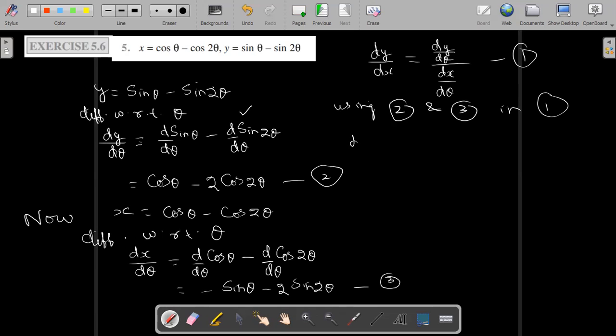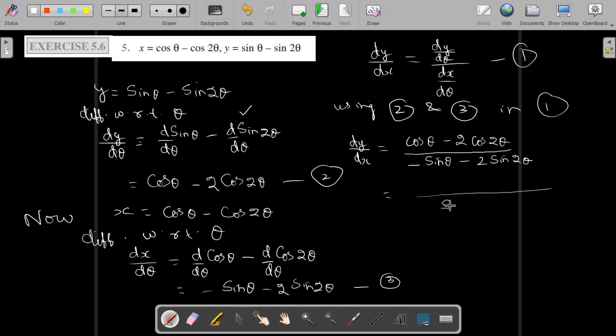So we get dy by dx is equal to dy by d theta, which is cos theta minus 2 cos 2 theta, divided by minus sin theta minus 2 sin 2 theta. You can take the minus common and multiply that minus in the numerator.